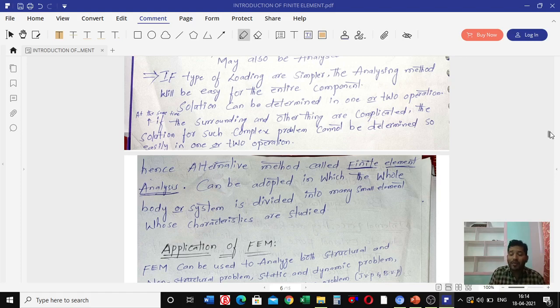If the number of elements or nodes increases, you will get better accuracy and better results with the help of finite element analysis.